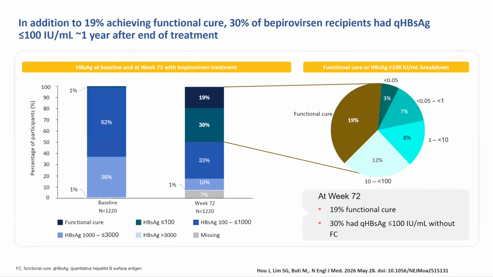And if you look at the proportion that achieve low levels of HBsAg without HBsAg clearance, approximately 30% of patients treated with bepirovirsen have levels below 100 international units per ml 1 year after ending of treatment, showing that this antisense oligonucleotide interferes with or silences the production of HBsAg.